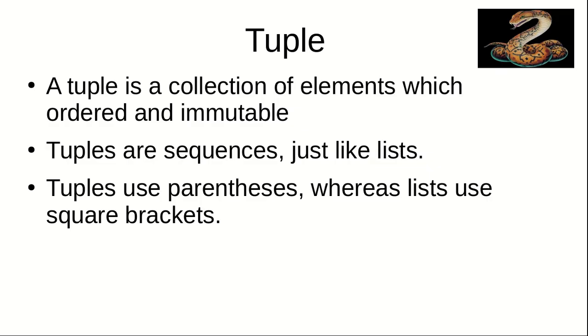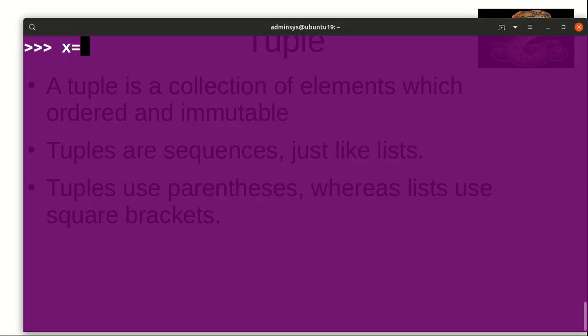In the definition I said tuples are immutable, right? Let's see. Let's say x equal to 10, 20, 30, 30. If I want to change the last value, that is 30, to 40, then I need to mention its respective index, that is 3. First let's see what x[3] is. We have 30.